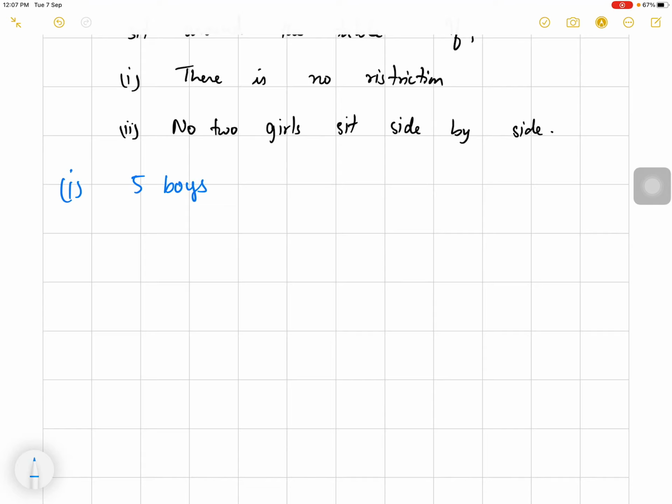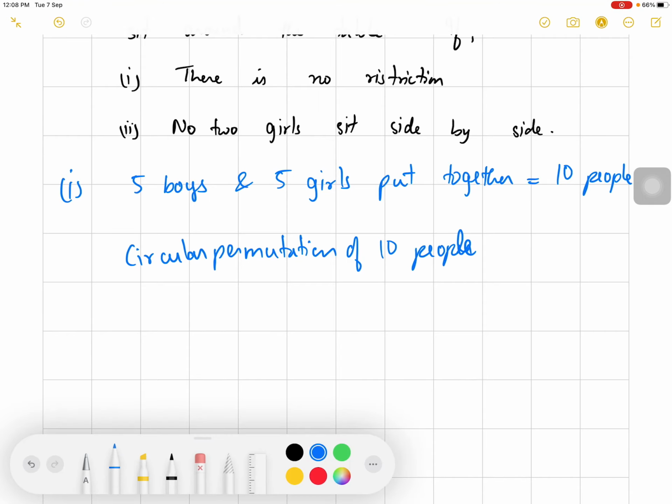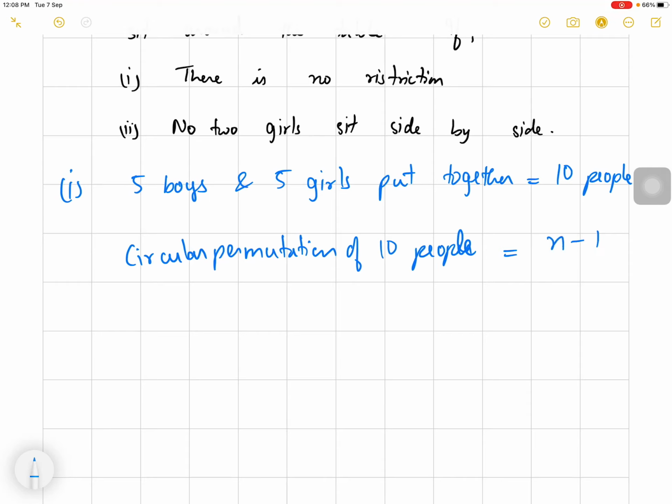So 5 boys and 5 girls put together, now there are 10 people. So the circular permutation of 10 people will be n minus 1 factorial, which is 10 minus 1 factorial, which is 9 factorial.